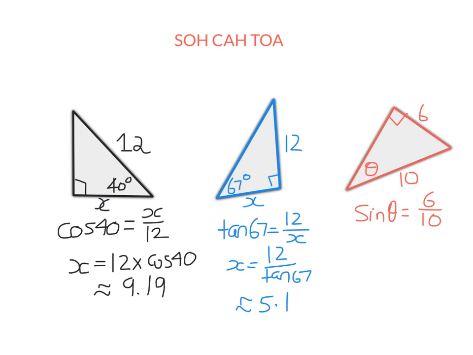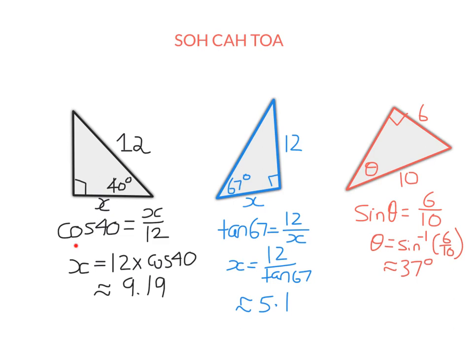So you press shift and then sine, or shift and then tan, shift and then cos. To get theta by itself, I just take the sine inverse of 6 over 10, and if my calculator is in degrees, the answer I get will be in degrees, and to the nearest degree it's about 37 degrees.